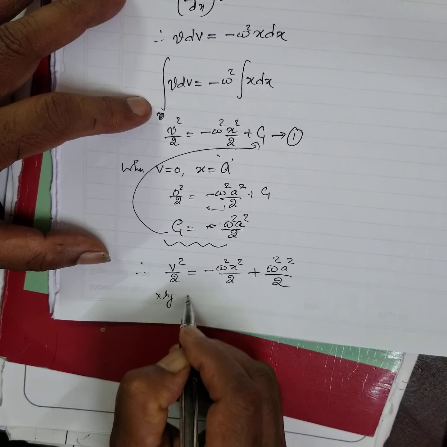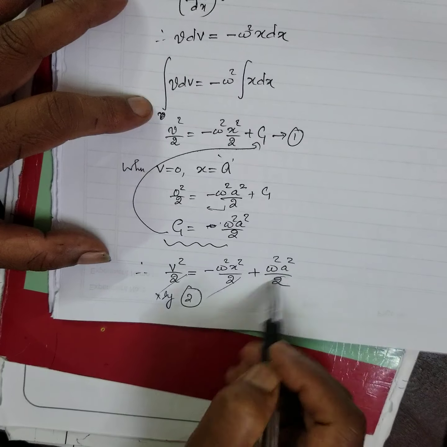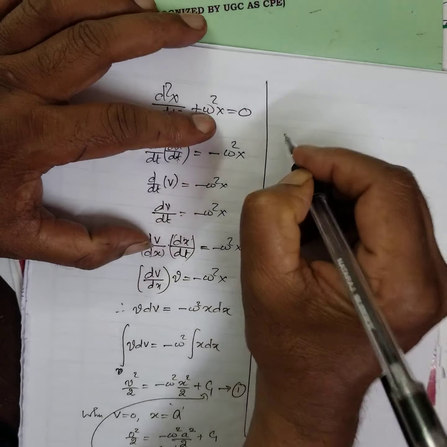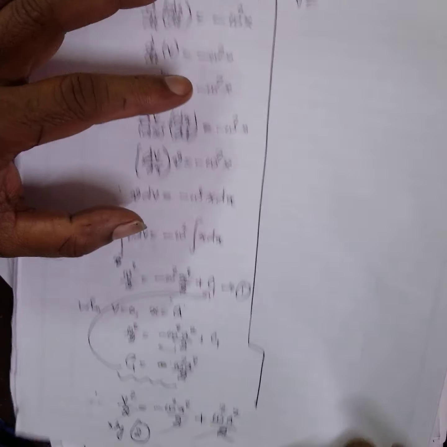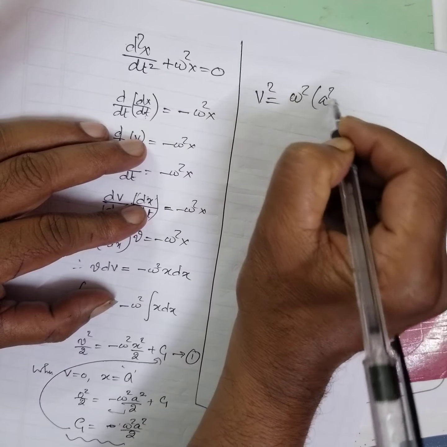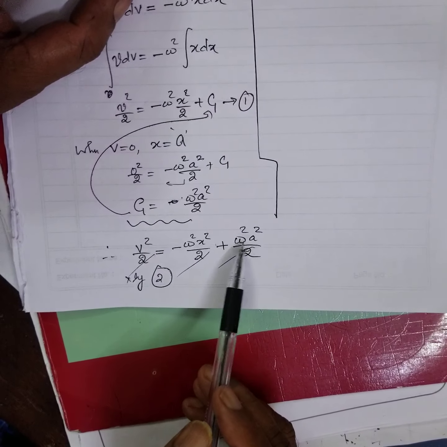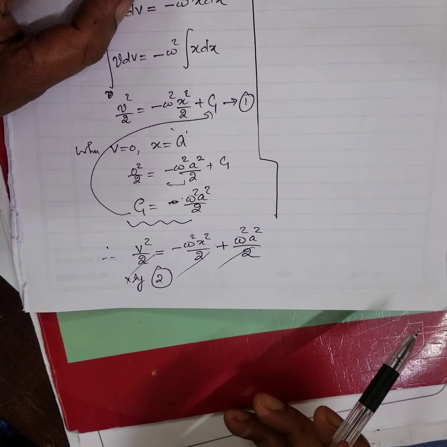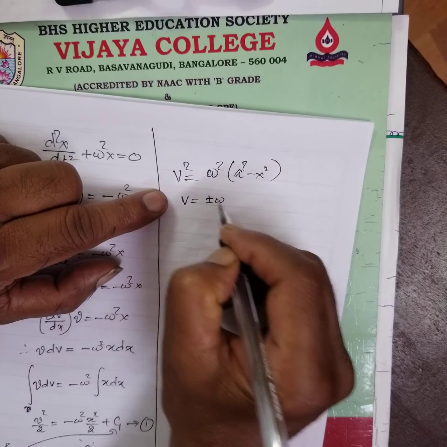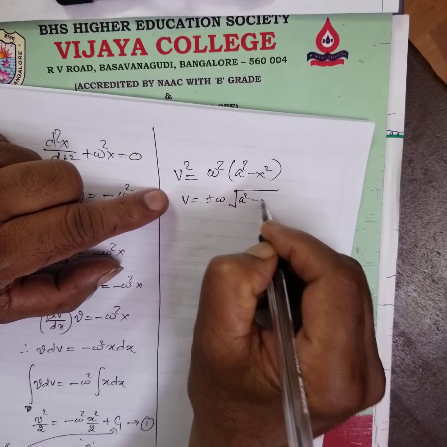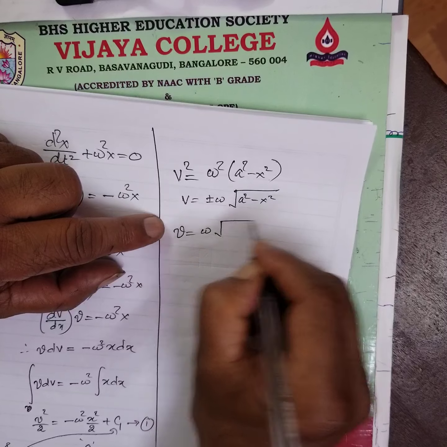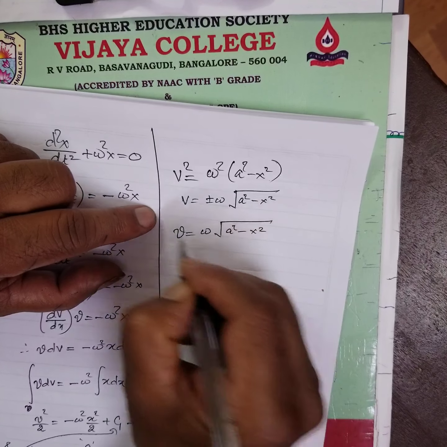Multiply throughout by 2, therefore v square is equal to omega square, a common factor, into a square minus x square. And v is equal to plus or minus omega square root of a square minus x square. Take the positive value: v is equal to omega square root of a square minus x square.